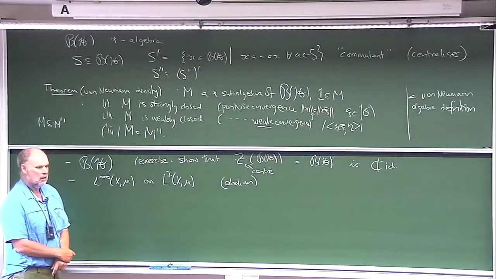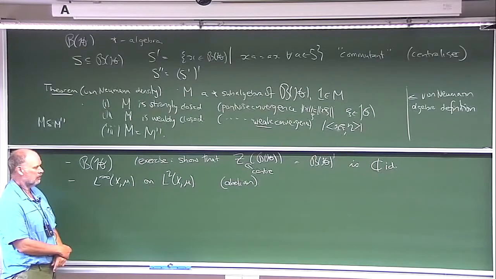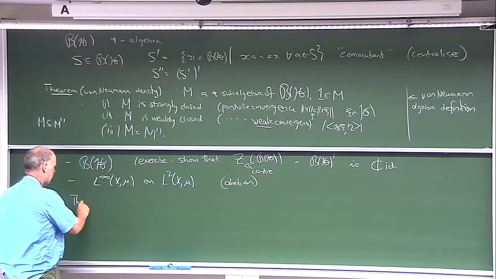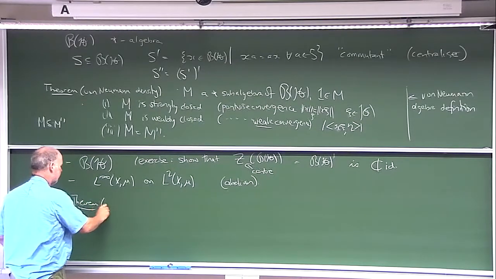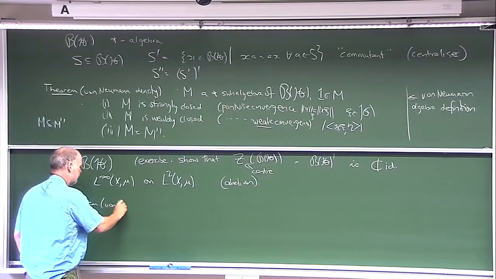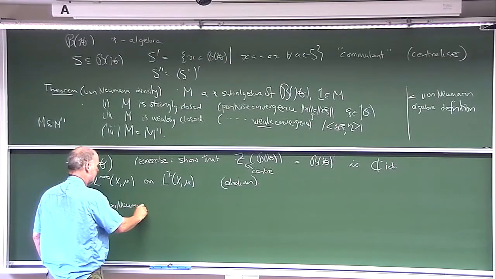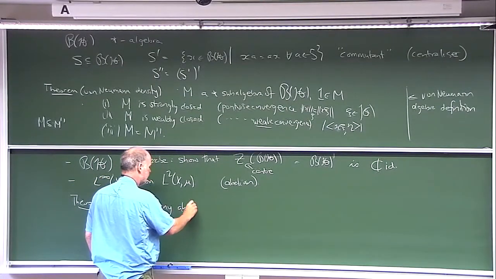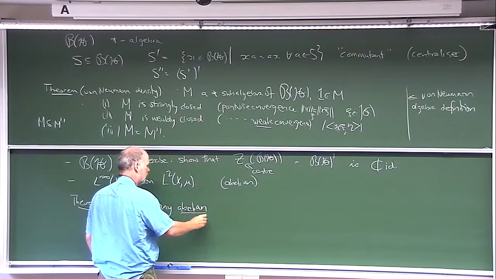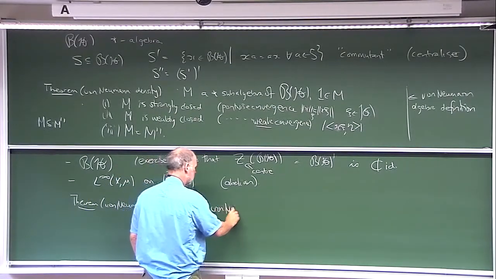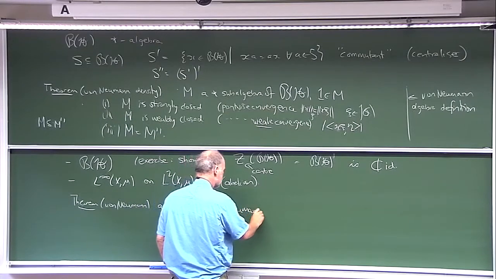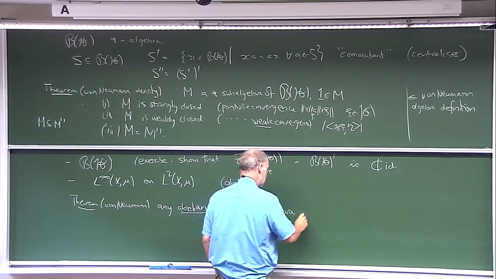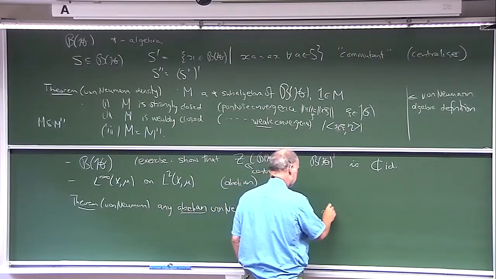Right. So these are going to be our starting examples, and then there's a theorem of von Neumann once again, that any abelian von Neumann algebra is of this form.